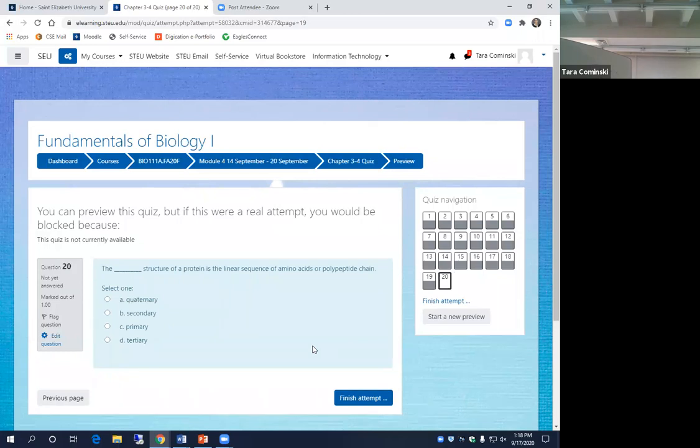Okay, so what is this describing? What structure of protein? Primary, secondary, which one? Primary. So remember that the primary structure of a protein is just its amino acid sequence, okay? So why do we talk about proteins being different structures, or different levels of structure, I guess?